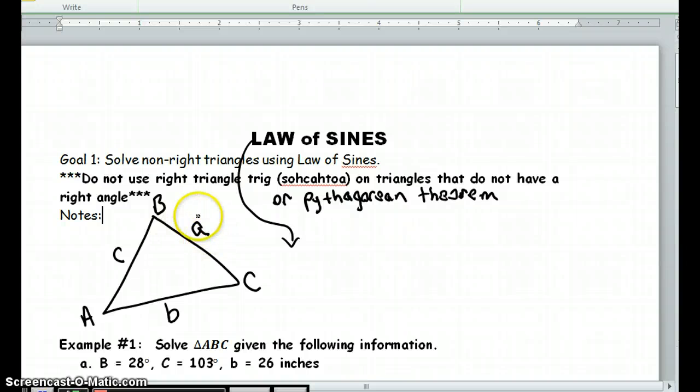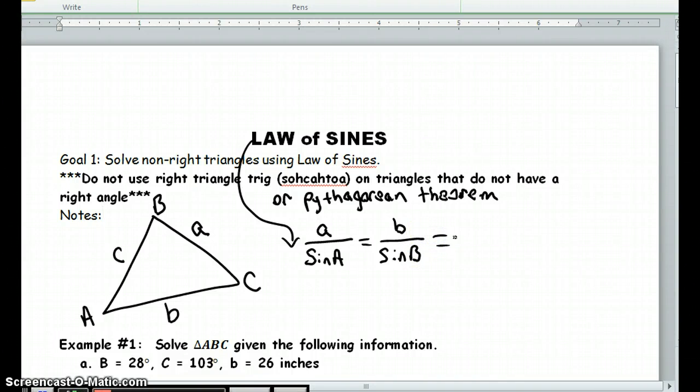We're going to take side a and divide it by the sine of the angle opposite side a, which is, nicely, sine of angle A. That's going to be equal to side b divided by the sine of the angle opposite of that, which is, again, nicely, sine of angle B. And then the last one, which you might guess, we will take side c over the sine of angle C. And because there are sines in there, that's why it's called law of sines.